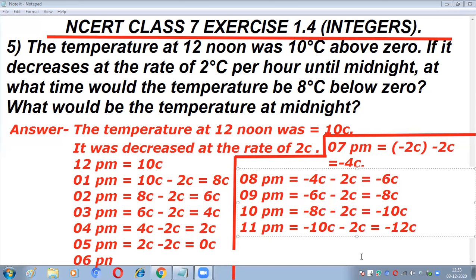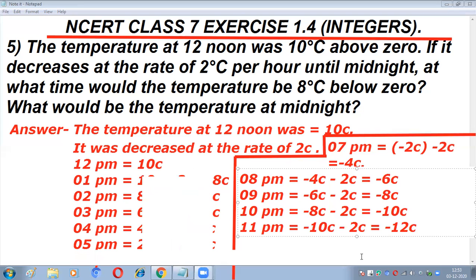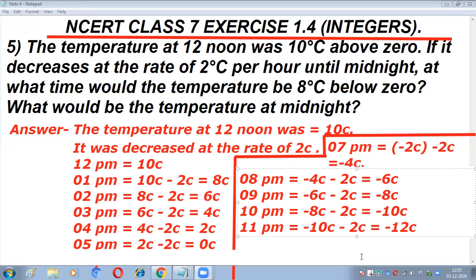Okay, now 12 p.m. at midnight. 12 p.m. midnight is equal to minus 12 degrees Celsius minus 2 degrees Celsius, which is minus 14 degrees Celsius.